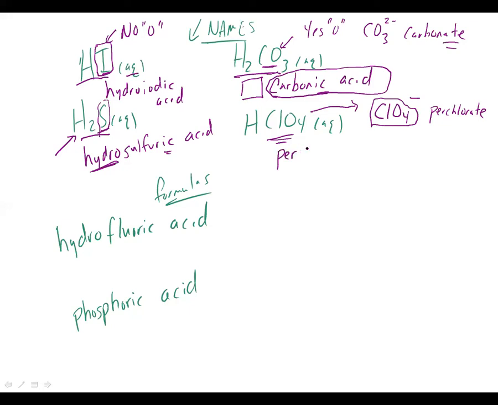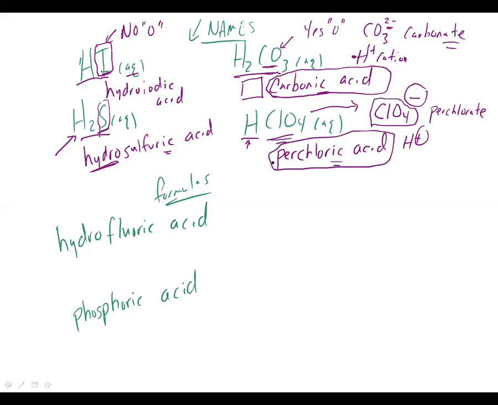So this becomes perchloric acid. And again, in all these cases, the cation for the acid is H plus. And that's why up here we need 2 of them to balance out the charge, while here we just need 1 of them to balance out the charge because this is -1 and +1 will equal 0. So this would be perchloric acid. Any questions on any of those 4 there?